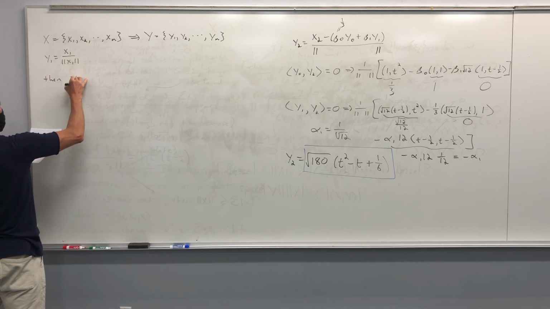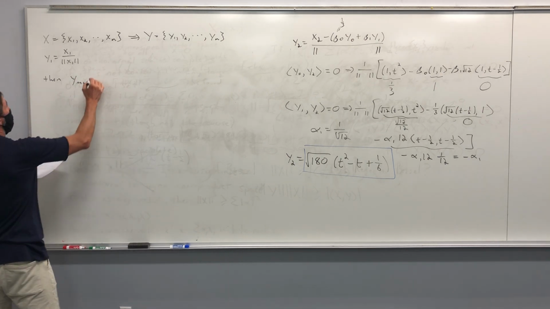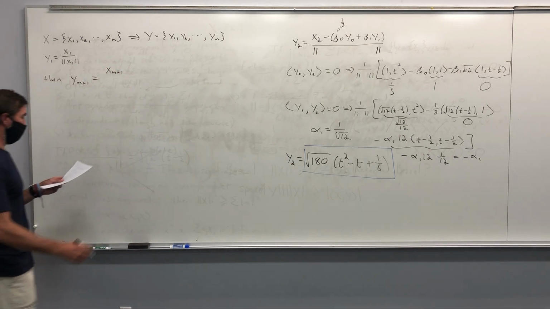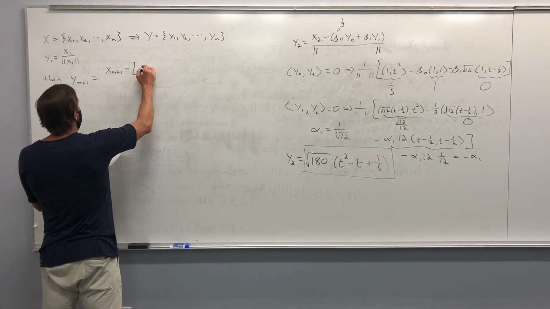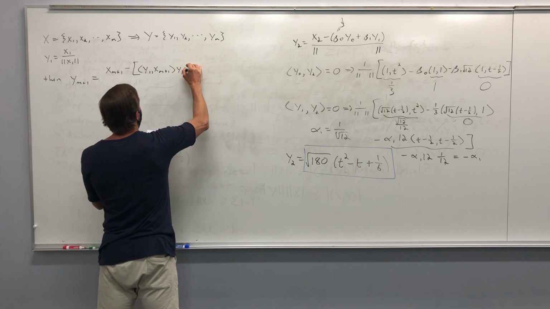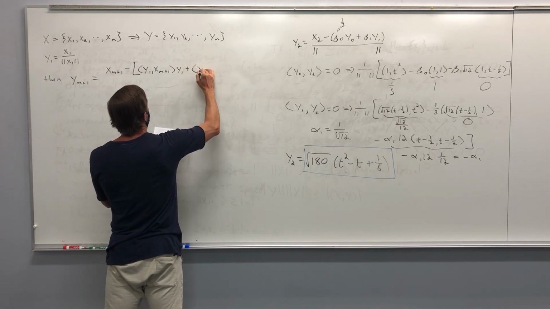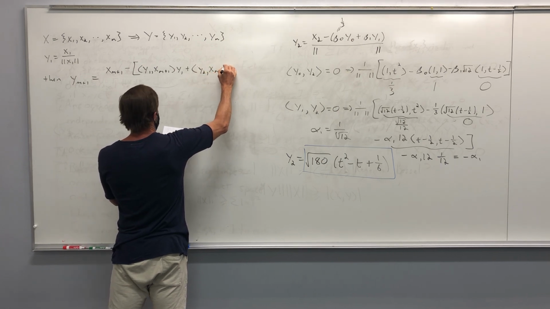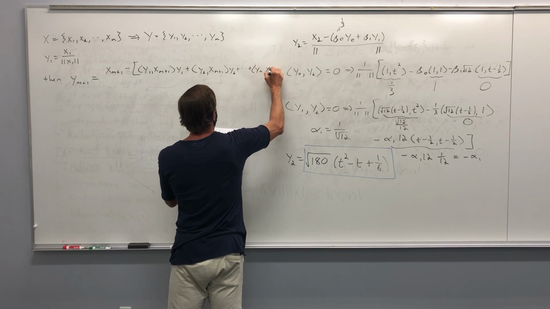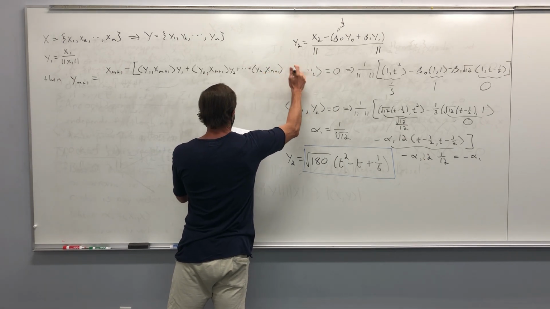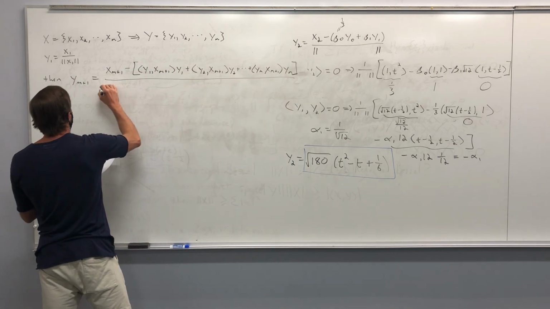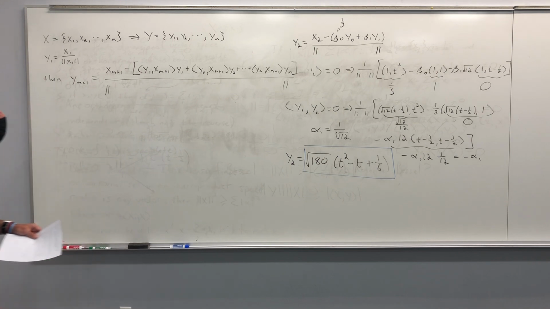Then, in general, the m plus 1 element of the orthonormal basis is given by the m plus 1 element of the starting basis minus the inner product of y1 with x m plus 1 times y1 plus the inner product of y2 with x m plus 1 times y2 plus dot dot dot plus the inner product of ym with x m plus 1 times ym, all over the magnitude.